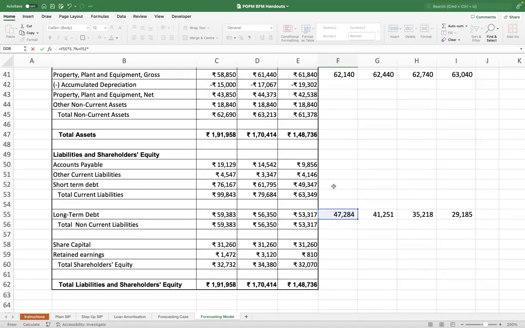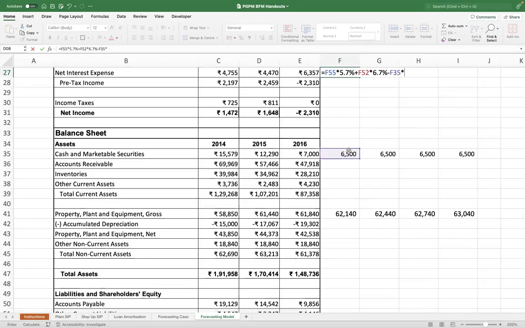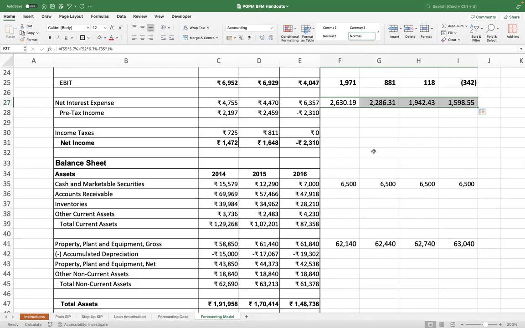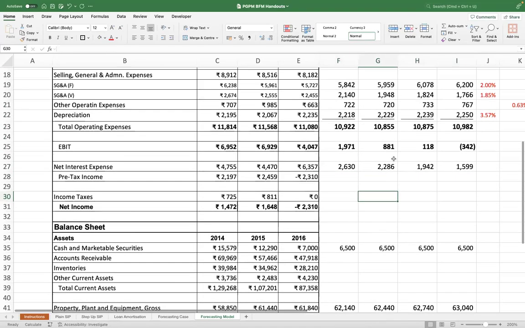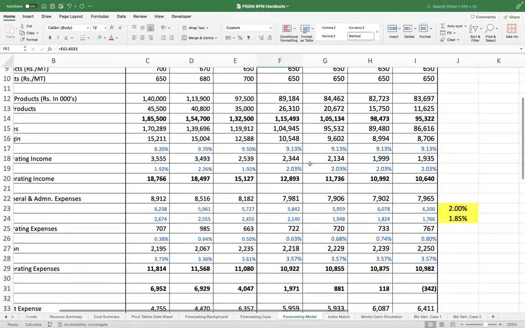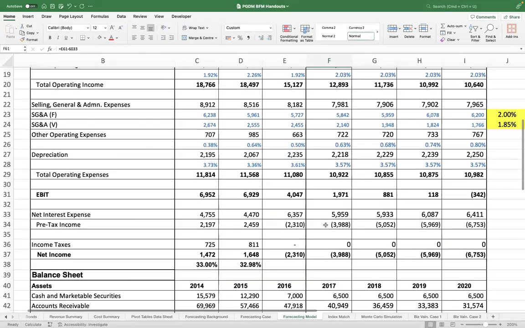Plus short-term debt times 6.7% minus income, which will be cash balance times 1%. Remember, it was given in the question, 1% income on closing cash balance. So this will be your net interest expense. Please check: 2630, 2286, 1942 and 1519. It will not match here because I have not put in the plug yet, but this is how it will be modeled.